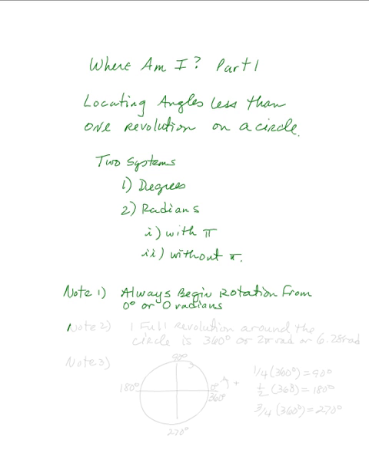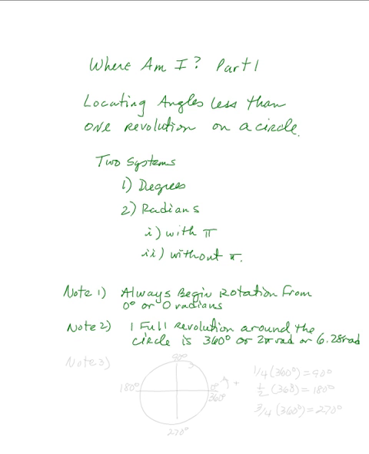And then 1 full revolution around the circle is equivalent to 360 degrees or 2 pi radians, or if you substitute 3.14 as an approximation for pi, 6.28 radians.